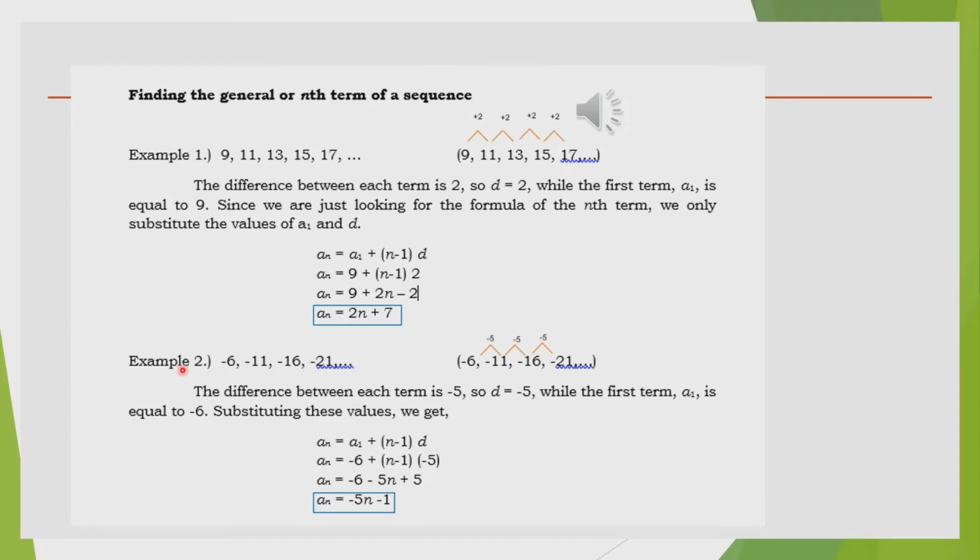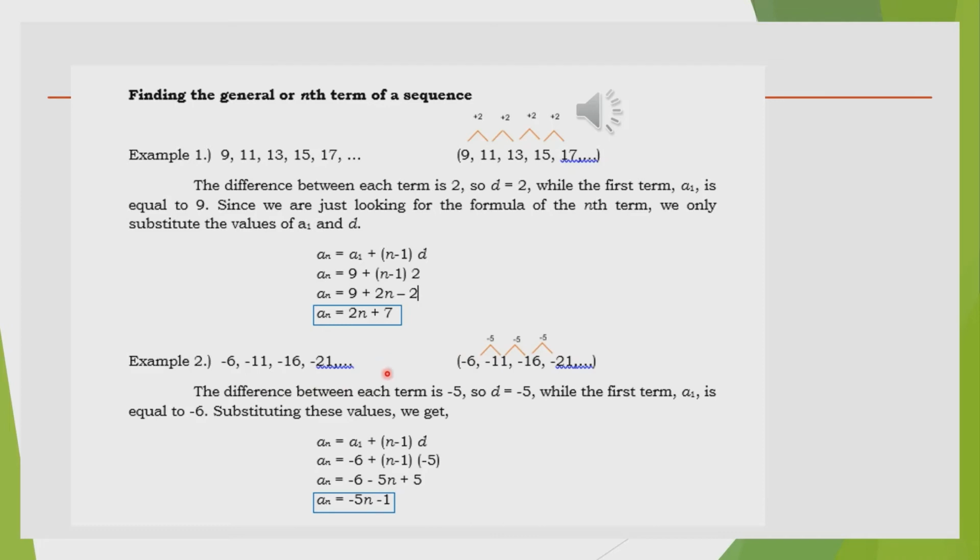Okay? Next example. Negative 6, negative 11, negative 16, negative 21. As you see, there is a difference of negative 5 between negative 11 and negative 6, negative 16 and negative 11, and so on.